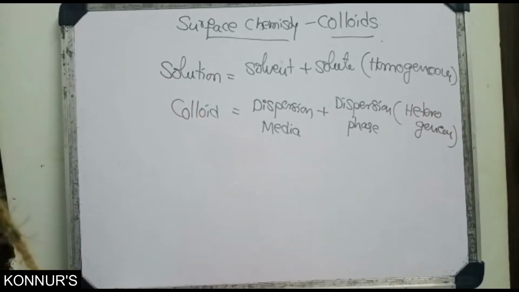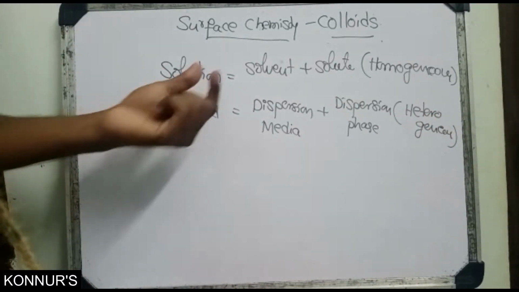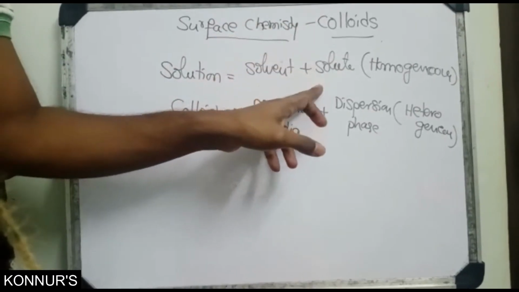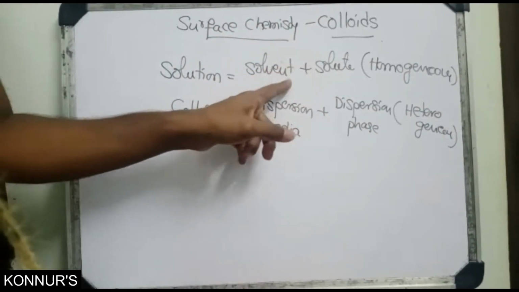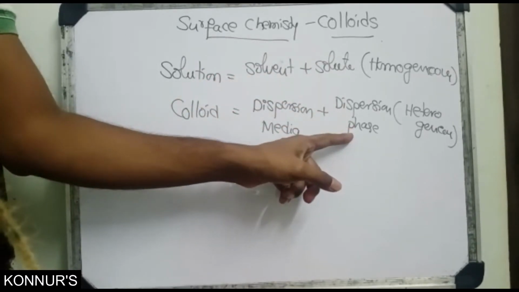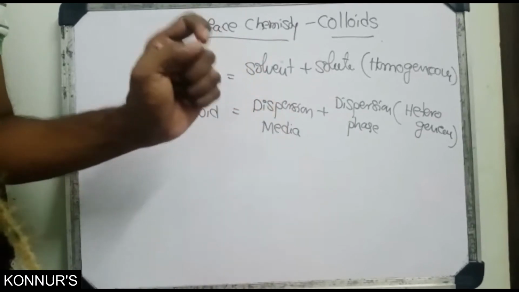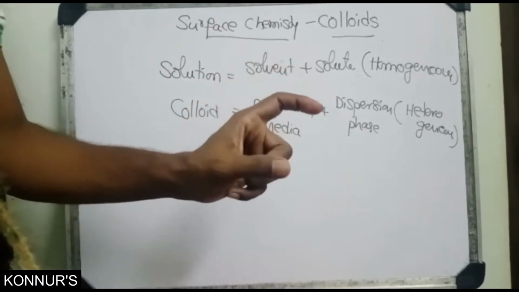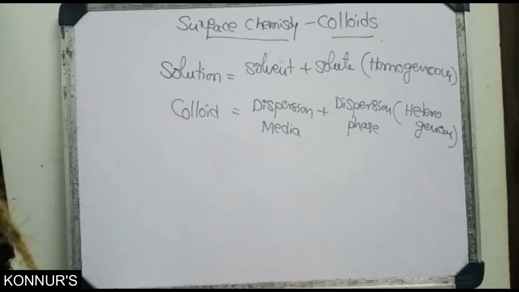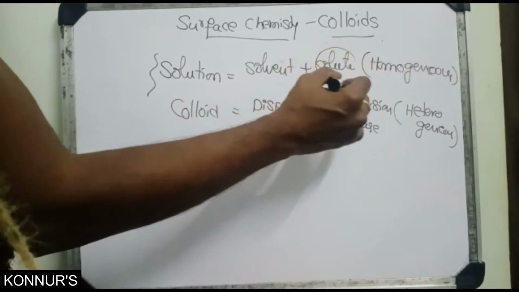So how can you identify it? You add two components, and after mixing, if you can't see anything, then it is called a true solution. If after mixing two compounds you can identify something in it, then it is a colloidal solution. What is the main difference between these two? It is the solute particle size.